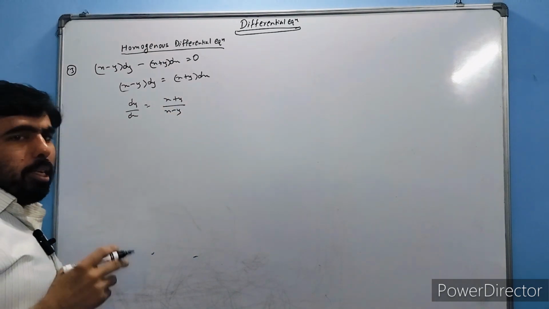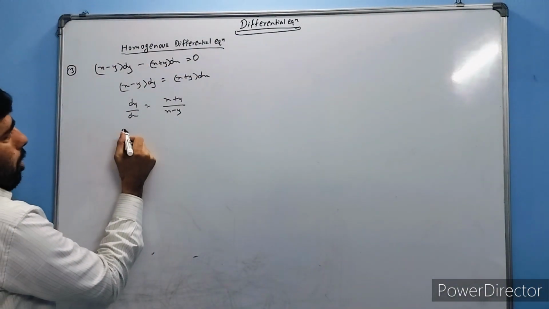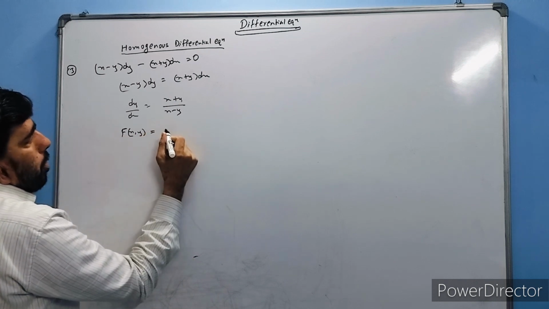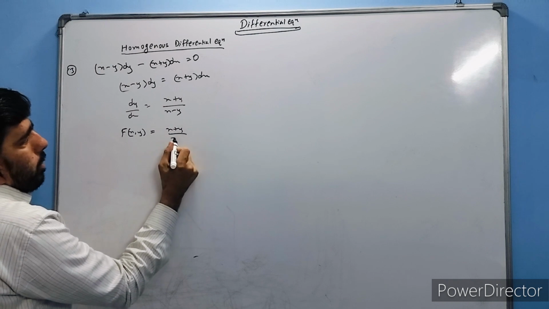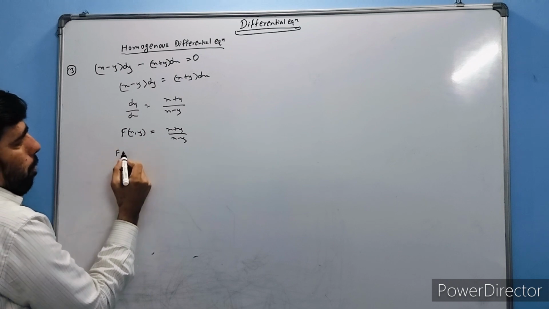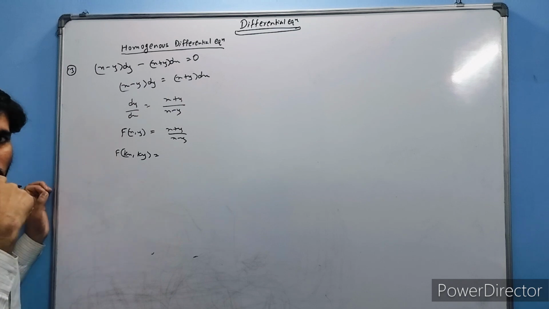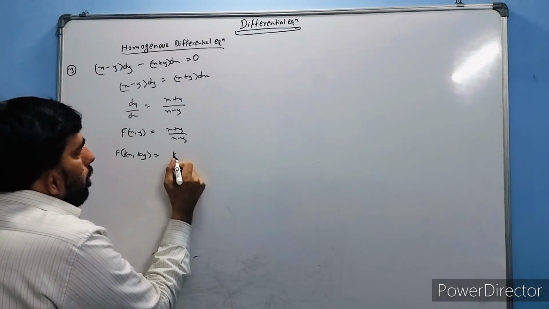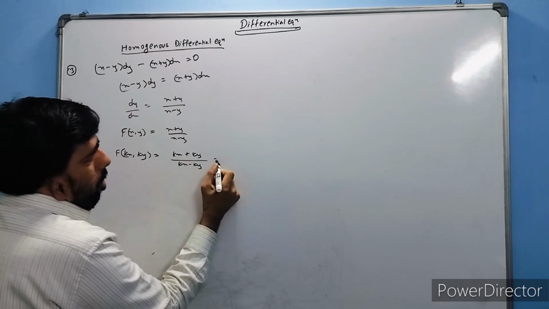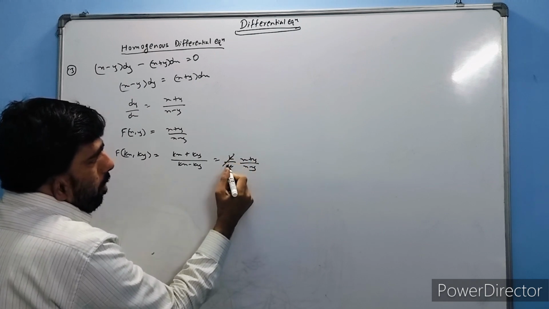Let us see whether this differential equation is homogeneous or not. In a very simple way, I can say f of x, y is equal to x plus y upon x minus y. If I replace x by kx and y by ky, I get kx plus ky upon kx minus ky, or I can take k upon k, x plus y upon x minus y.